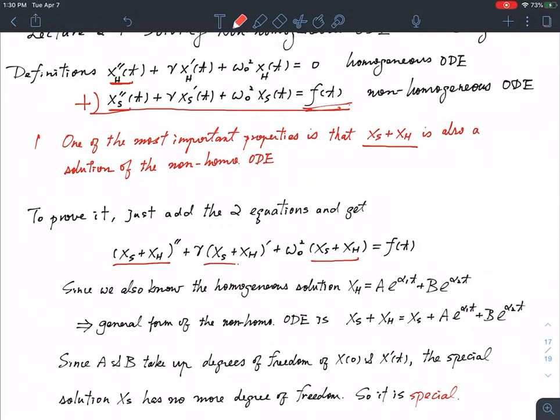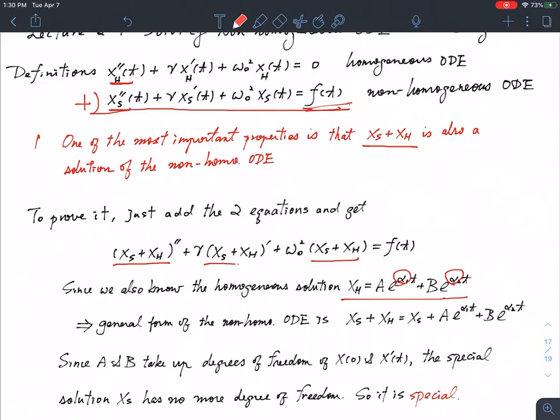What that means is that the general solution of the non-homogeneous equation will also include the solution of the homogeneous equation. For example, in the previous class, we talked about the solution to the homogeneous equation being written as something like this, where alpha 1, alpha 2 are the two roots of this quadratic equation.